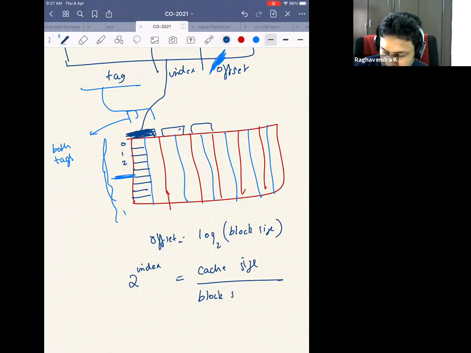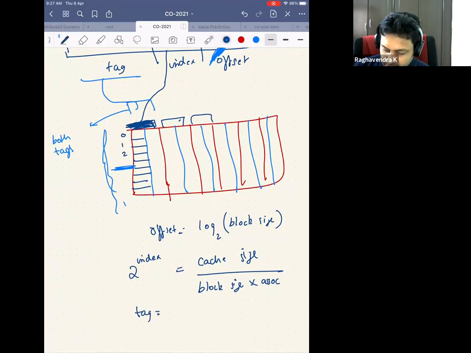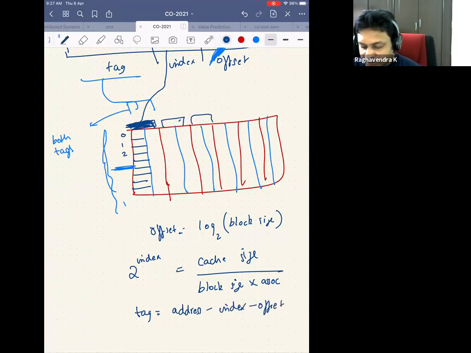That's what we were doing. This is just a formula, but don't memorize it by heart, because you can always derive it. And number of bits in the tag is equal to address minus index minus offset. So that's how you get the number of bits in the offset, index, and tag.